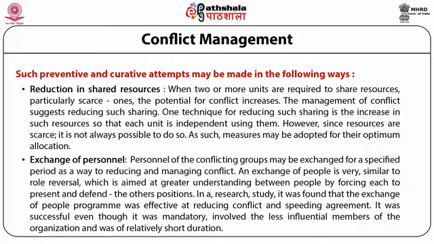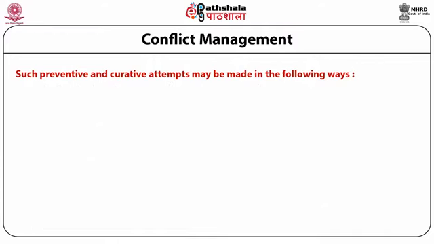In a research study, it was found that the exchange of people program was effective at reducing conflict and speeding agreement. It was successful even though it was mandatory, involved the less influential members of the organization, and was of relatively short duration.